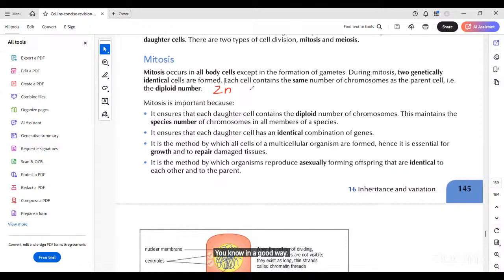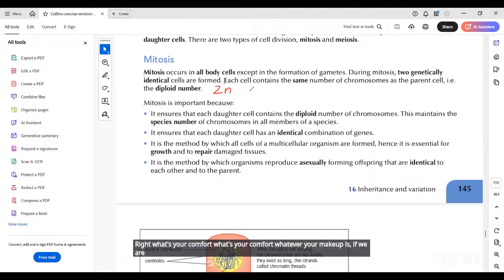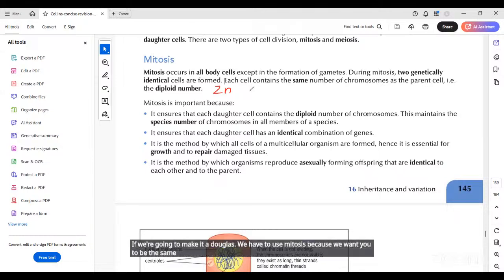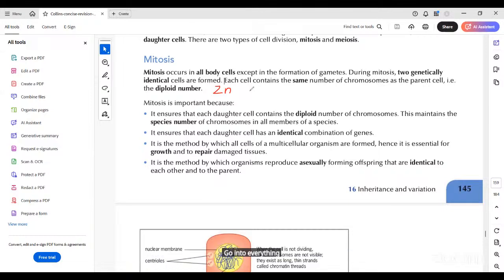Let's use you. Whatever your makeup is, if we are cloning you, you will be the same right down to the T. If we're going to make another Douglas, we have to use mitosis because we want you to be exactly the same, down to everything. Phenotype, genotype, all the same.